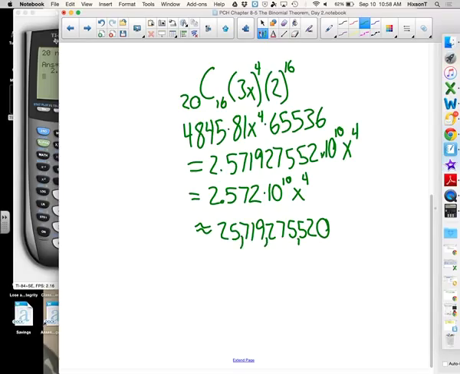We're up over 25 trillion x to the 4th. That would be correct rounded to the nearest 10, because we don't know what the next decimal place is.